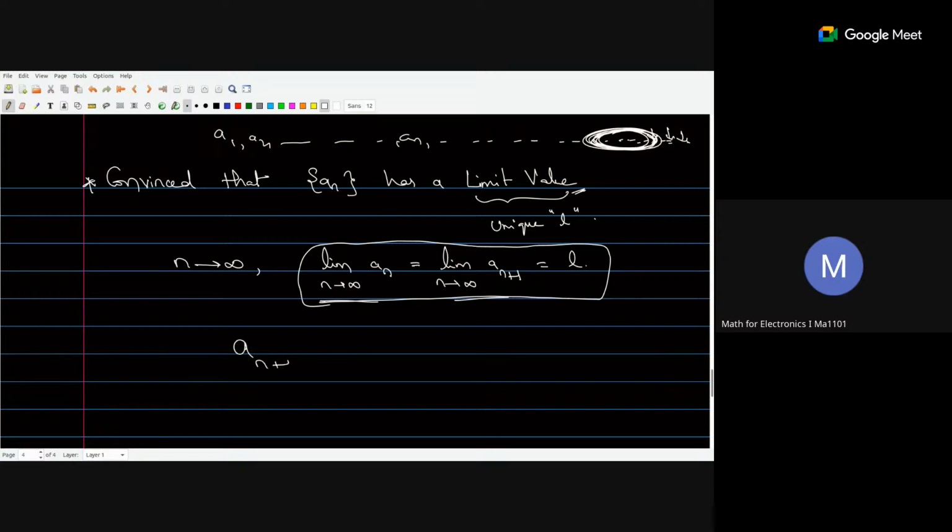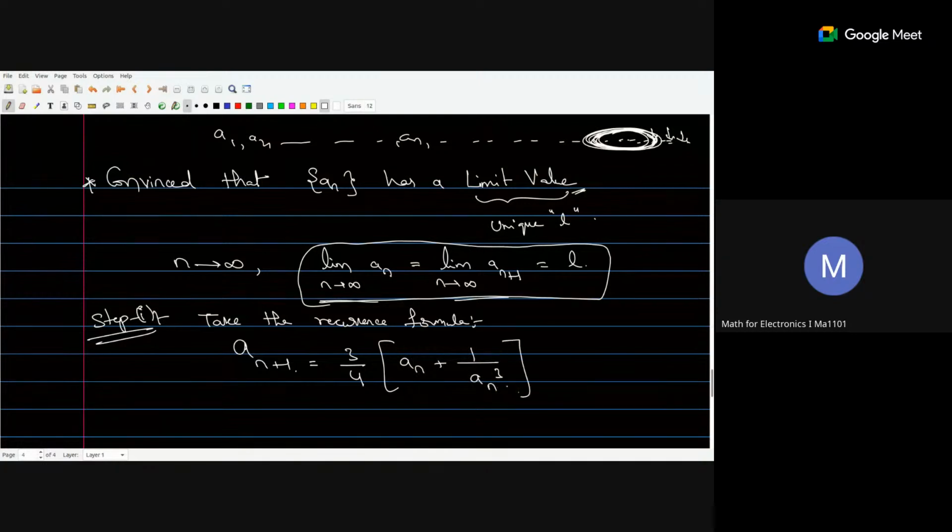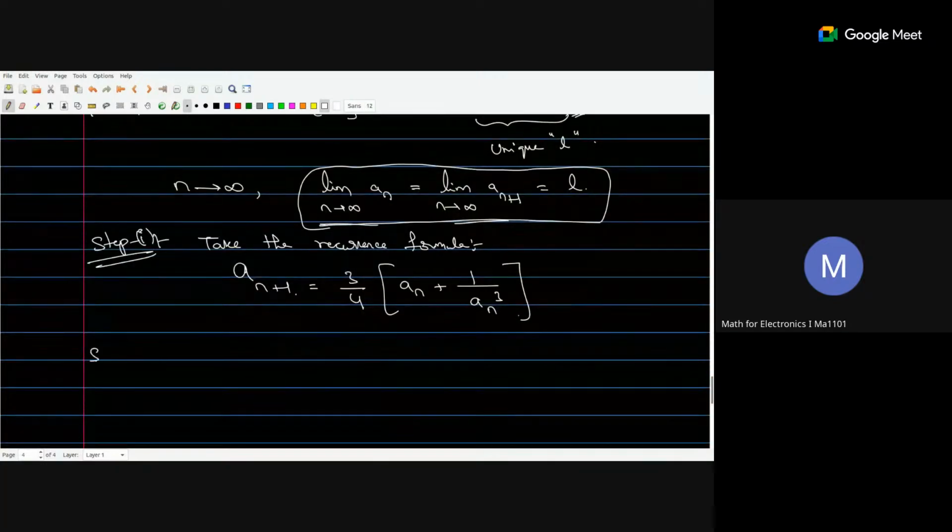So step 1 is take the recurrence formula. The recurrence formula you have is a_{n+1} equals 3 by 4 of a_n plus 1 by a_n cube. So this is what you have. And step 2, take the limit on both sides.